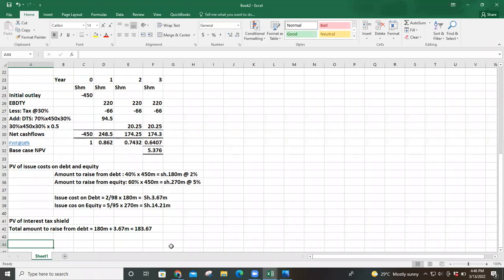So we need to get our annual installment, which equals the amount of loan divided by PVFA. The cost of debt was 10%, as we were told, and this loan is being paid over a period of 3 years. Debt is risk-free, so the cost of debt is the risk-free rate of return, which is 10%.